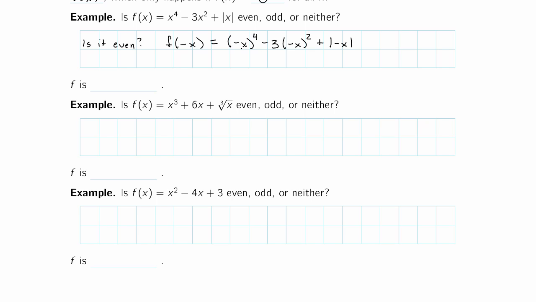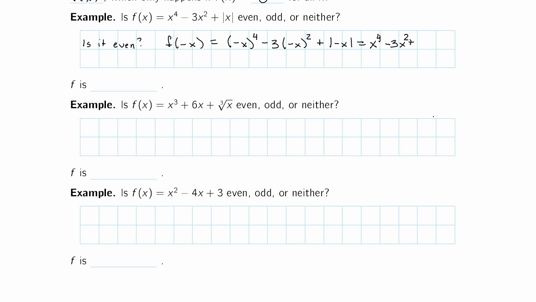Well, when we take something to the fourth power, that loses the sign information. So the fourth power of negative x is the same as the fourth power of x. When we square something, same deal. The second power of negative x is the same as the second power of x. And when we take the absolute value, losing the sign information is the whole point there.